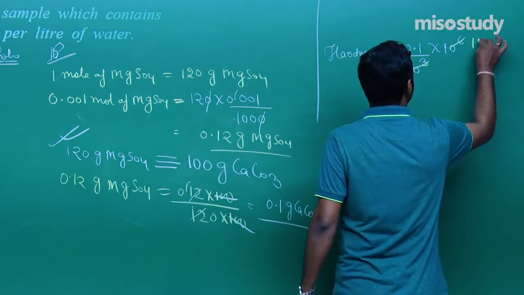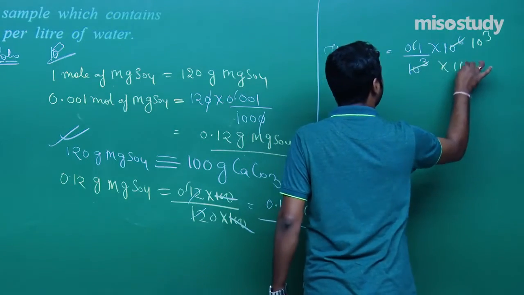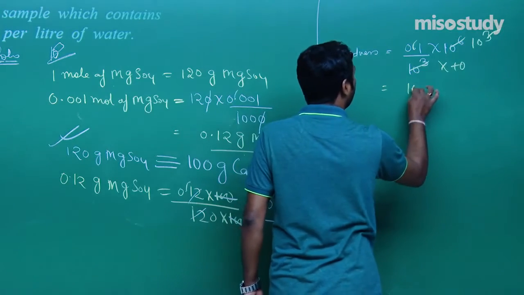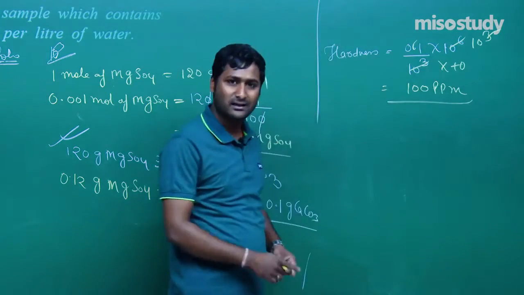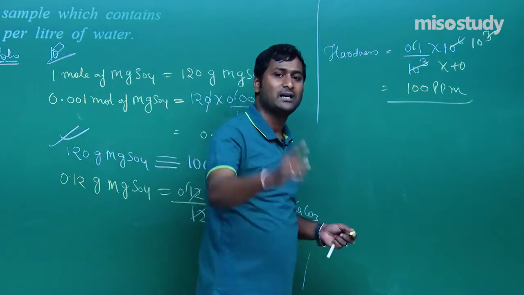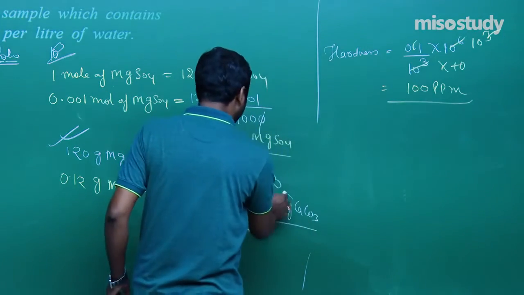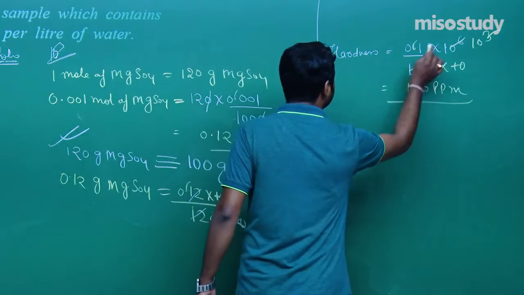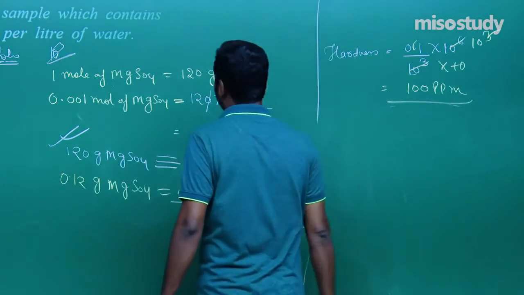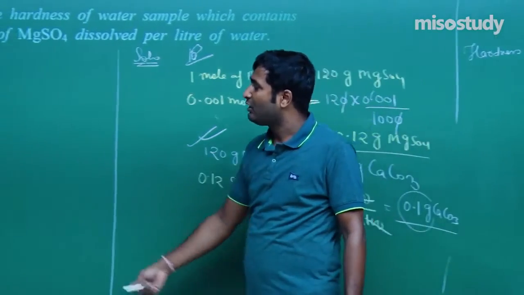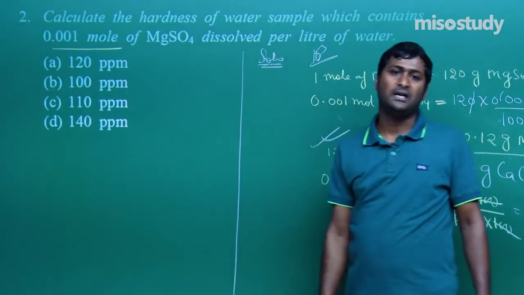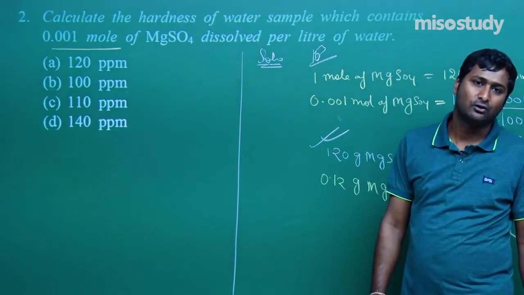This will cancel 10 to the power 3. So we can say 100 ppm. This is the answer. 10 to the power 3 gram, that is 1 liter, contain 0.1 gram. So 10 to the power 6 gram contain 100 gram, that is 100 ppm, because degree of hardness is always measured in ppm. Clear to you?